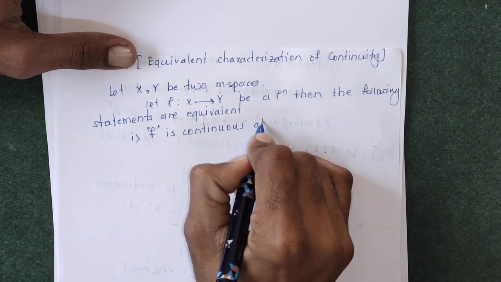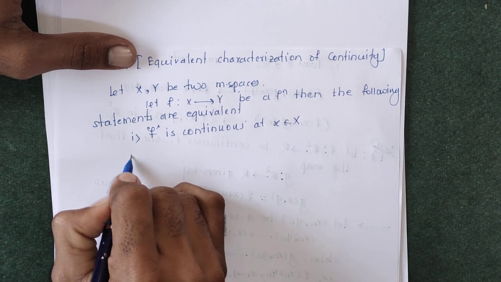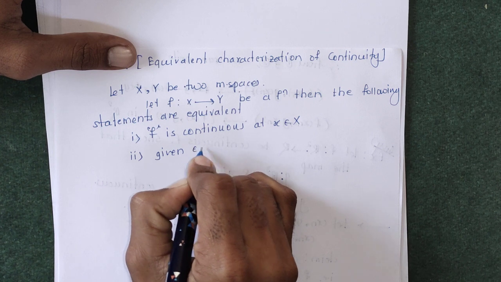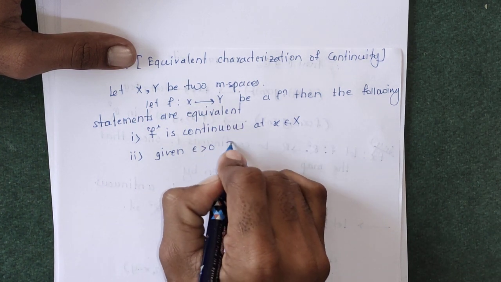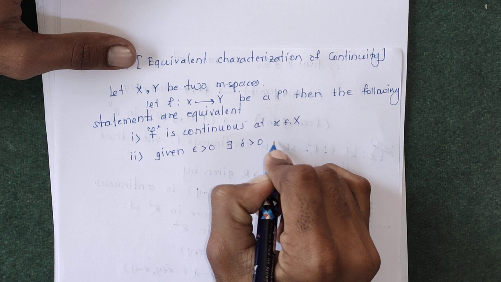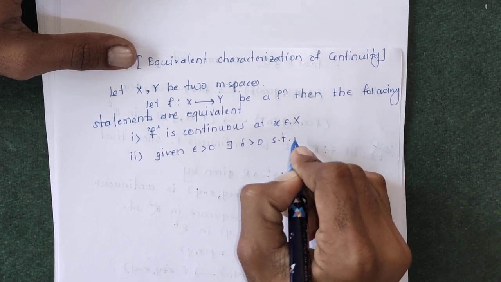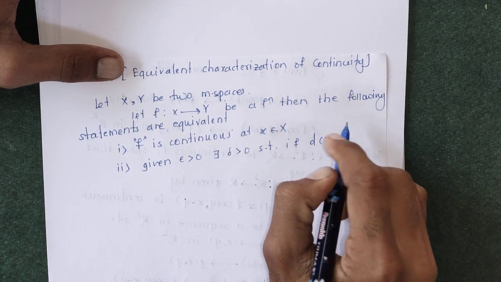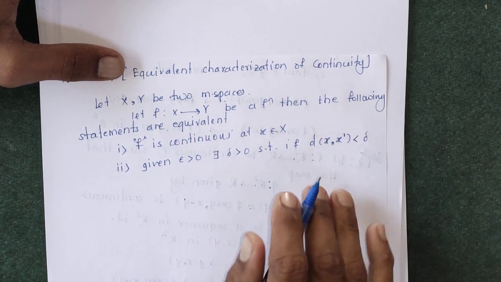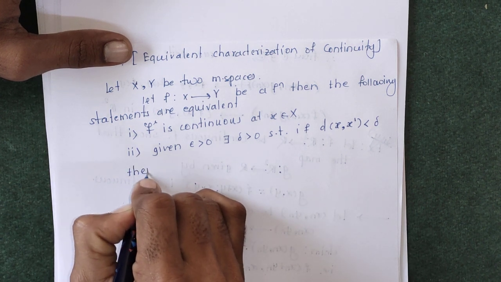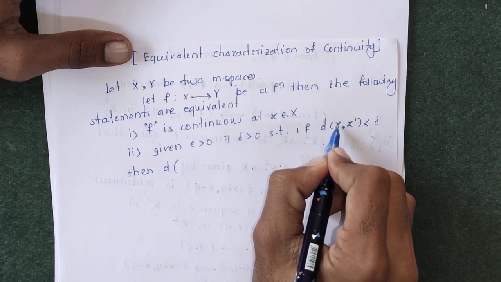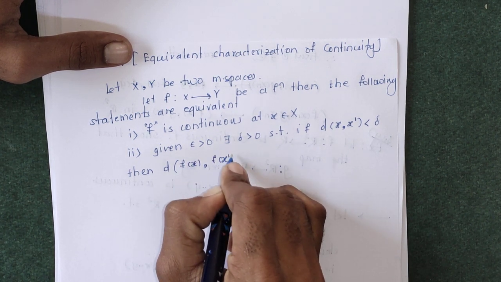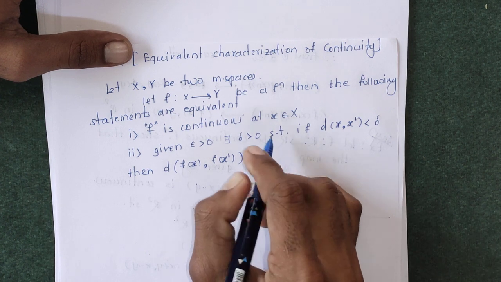f is continuous at some x belonging to X. The second statement is: for any epsilon positive, there exists some delta positive such that if the distance between x and x prime is less than delta, then the distance between f(x) and f(x prime) is less than epsilon.